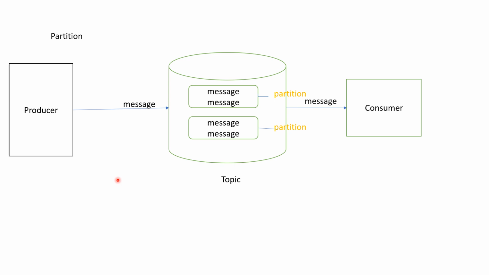So basically we divide topic into multiple partitions. In each partition we store a set of messages. So if you see in this diagram, the topic is divided into two partitions and we are storing messages in each partition.